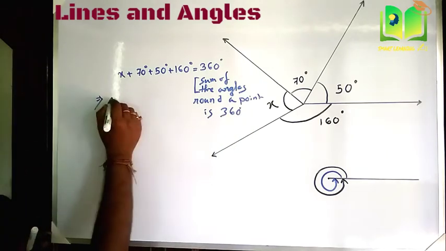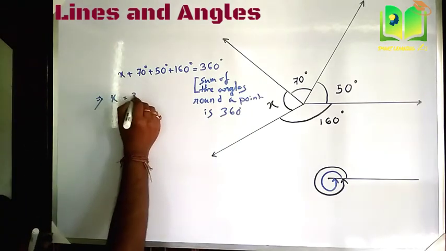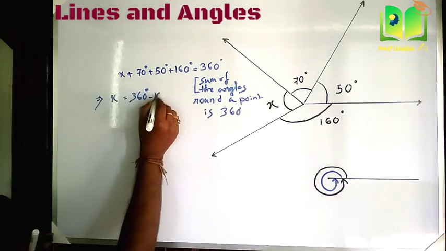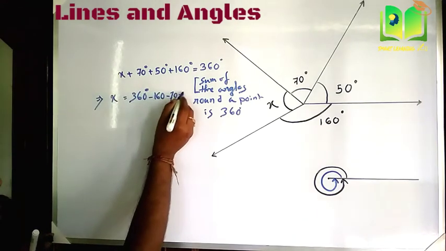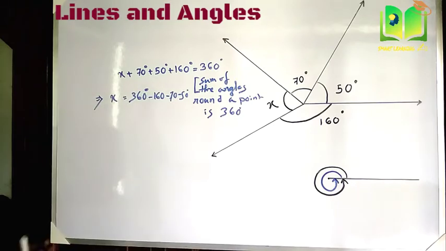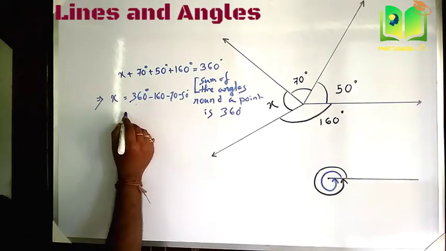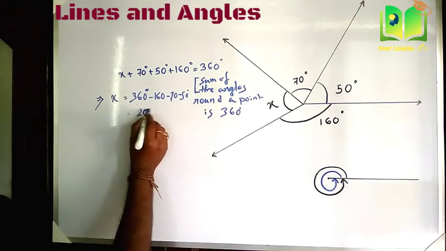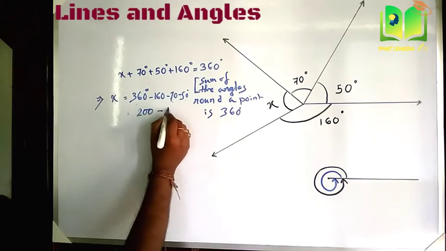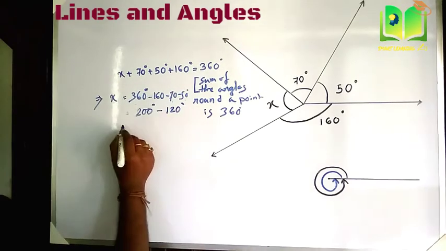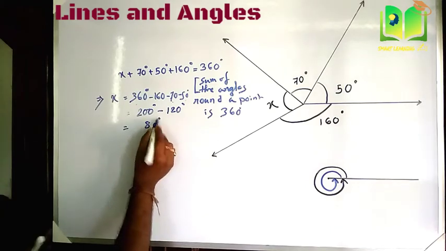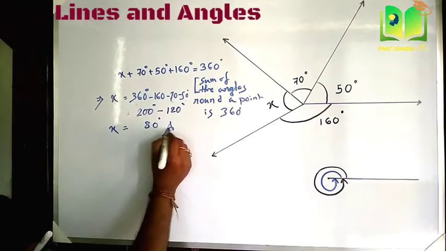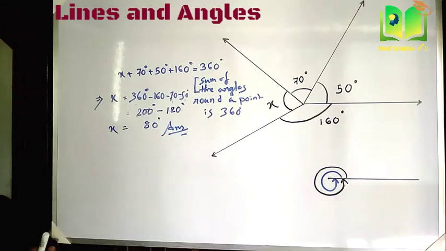So this implies x equals 360 degree minus 160 minus 70 minus 50. So 360 minus 160 is 200. Minus 70 and 50, which is 120, equals 80 degree. So your answer is 80 degree.